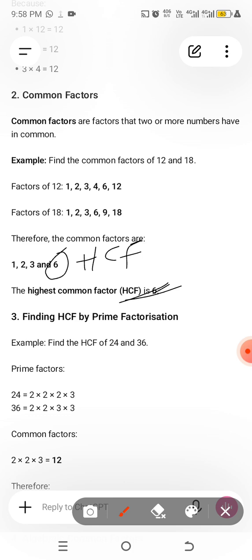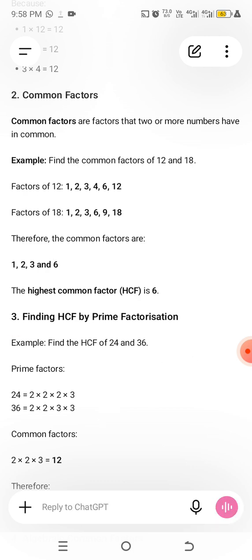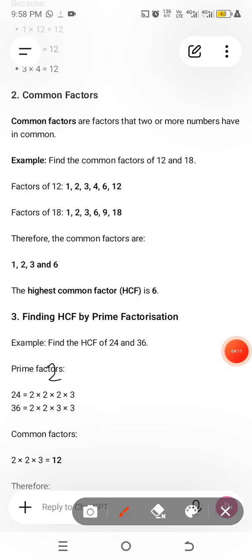They say we should find the highest common factor, which is HCF, by prime factorization. They say we should find the HCF of 24 and 36. Let me first do for 24. How many 2s can we multiply together that will give us 24? 2 times 2, 4. 4 times 2, 8. 8 times 2, 16.